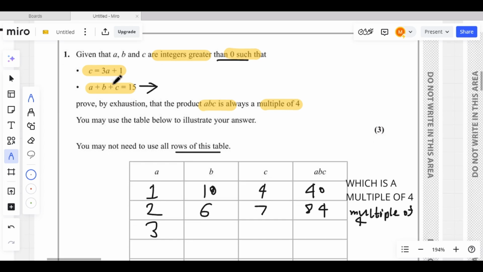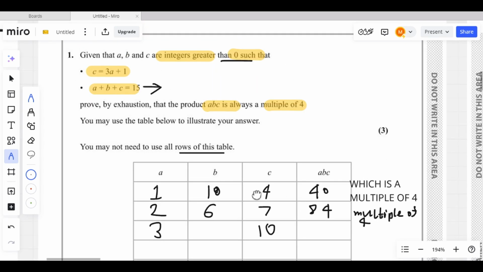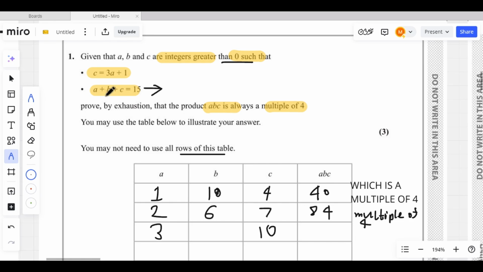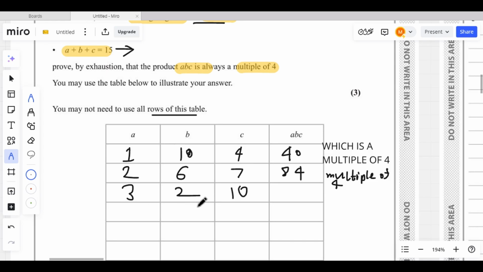So if you put 3 there, 3 times 3 is 9 plus 1, which is 10. The value for C is 10. So what would be the value for B? 15 minus 13, which is 2. Okay. So the product of 3, 2, and 10 is 60, which is also a multiple of 4.